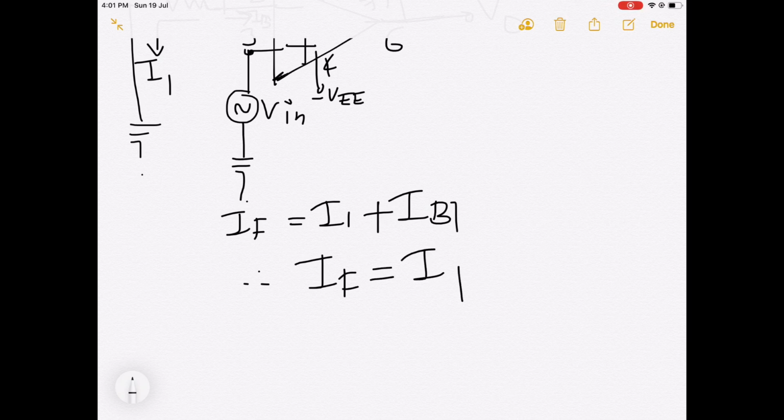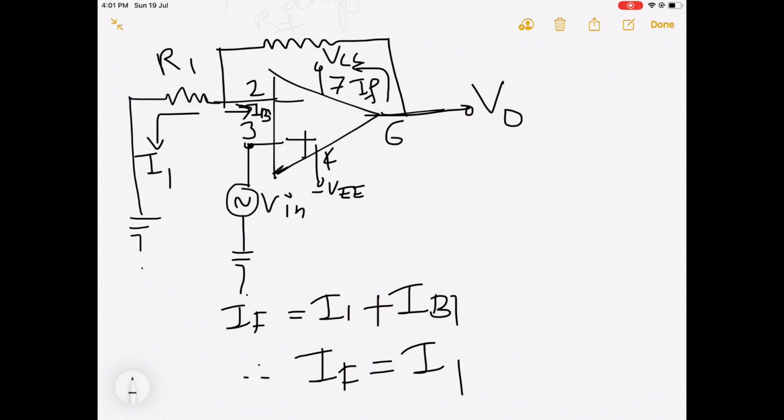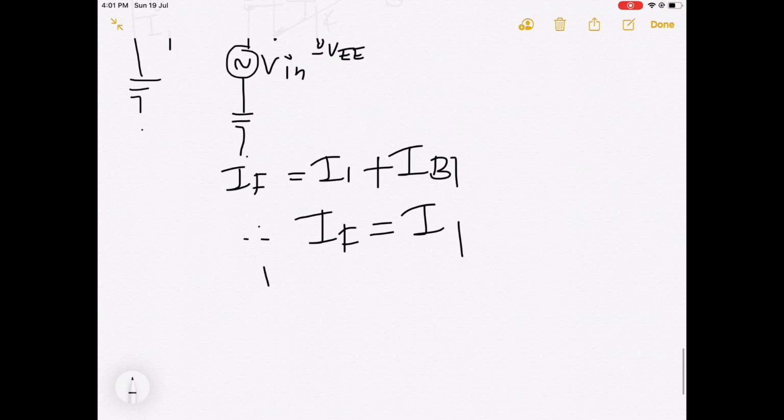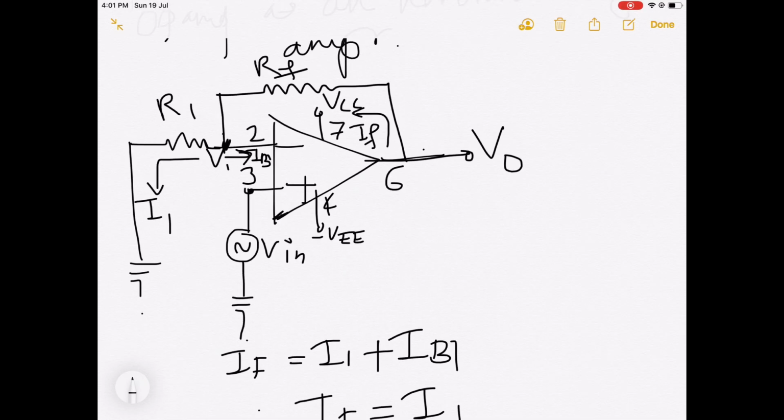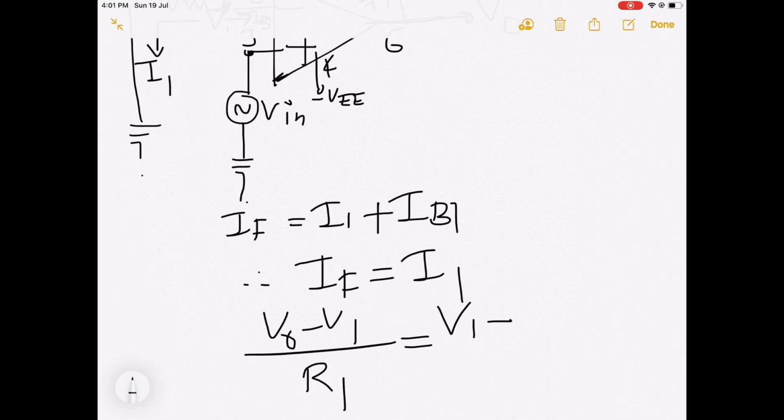Okay. So, IF from the circuit diagram we can write as VO minus V1 divided by RF, where this point we consider as V1 suppose. And I1 is flowing through R1, so I1 is V1 minus 0 divided by R1, as this is grounded.